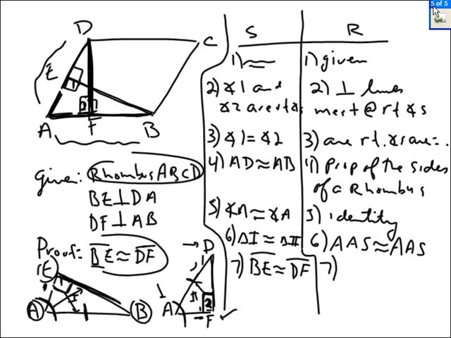DF, which is right here, is also opposite the angle with one slash. Therefore, they're corresponding. Corresponding parts of congruent triangles are in fact congruent. So that's that proof. And that completes the section on AAS is congruent to AAS.